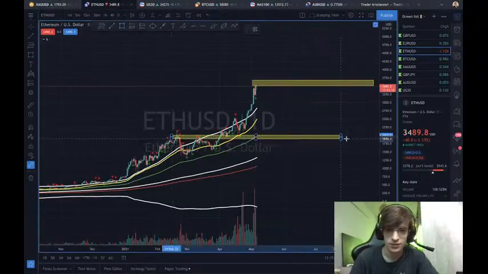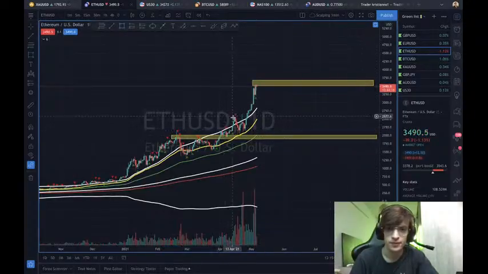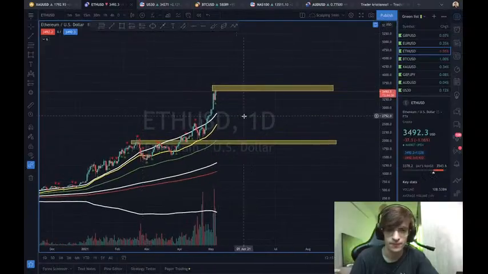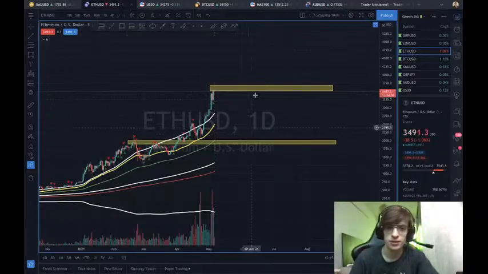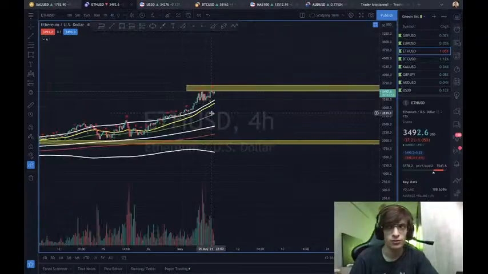Here is definitely a resistance zone changed to a support zone. Here as well, kind of, but it's not that important. So on a daily time frame, it could range here a little bit or break through it and go even more bullish. So if it is here and does a retest, I would enter a long if you're a long-term trader.